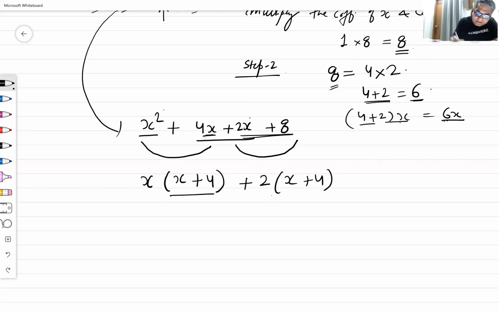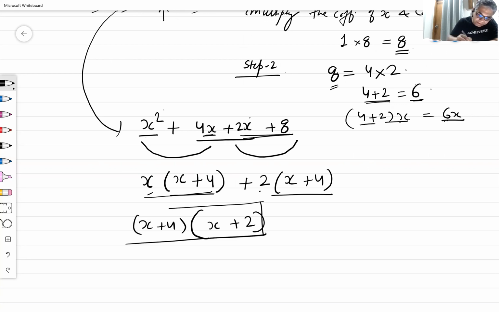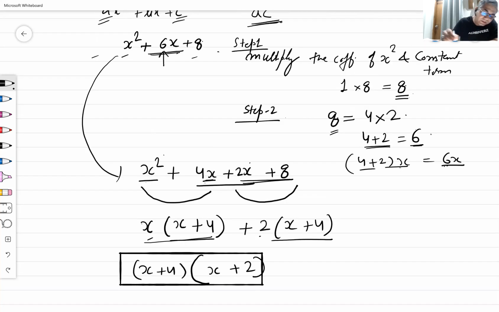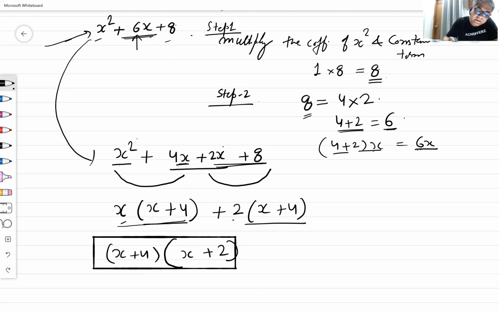It is here and it is here as well. So I can take this x plus 4 common, and from the first term I am left with x, and from this term I am left with x plus 2. You can check it. If you multiply these, you will once again get this. Try and see and tell me if it is clear to you or not. I'm waiting for your responses, right?